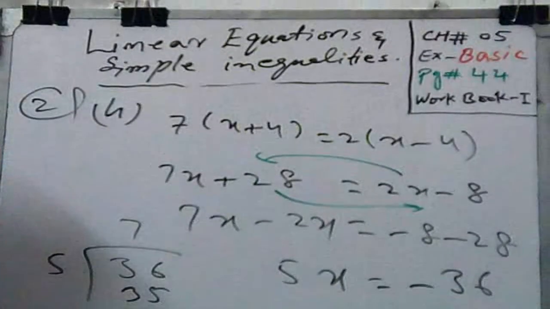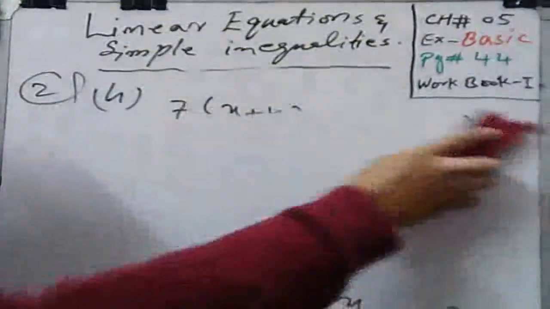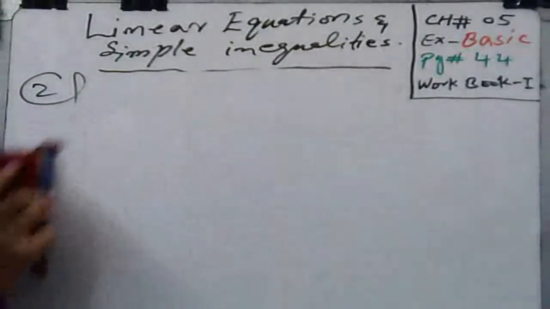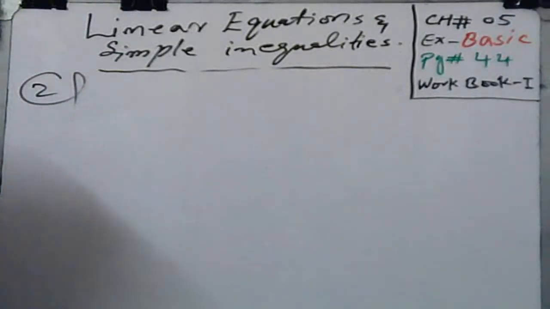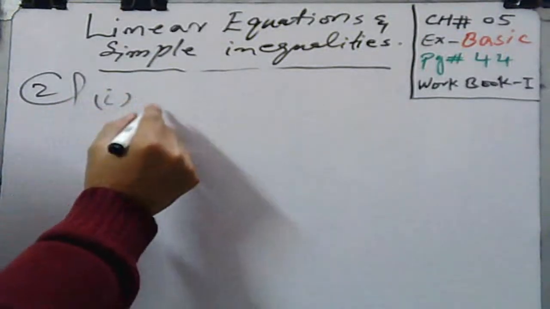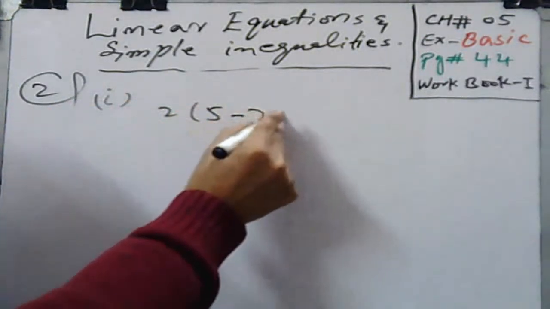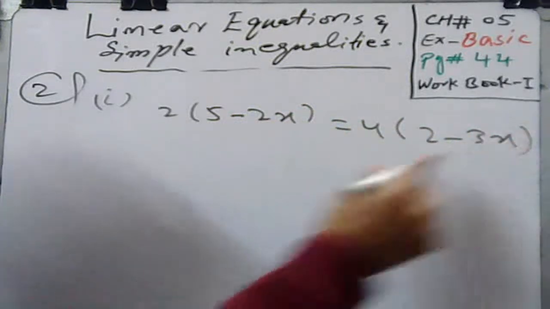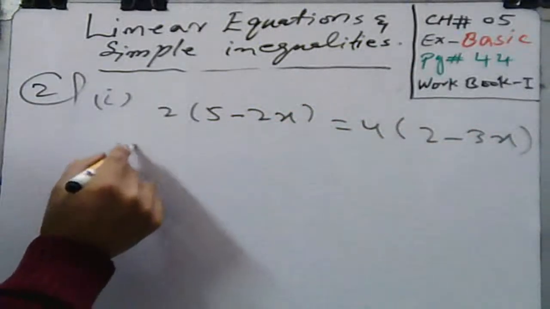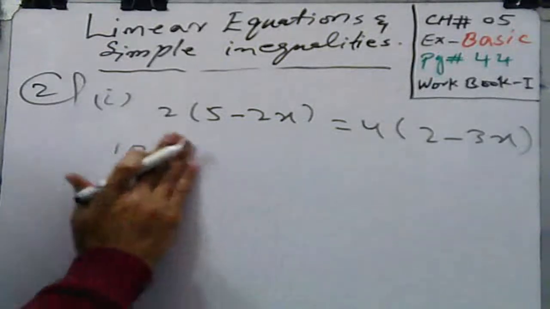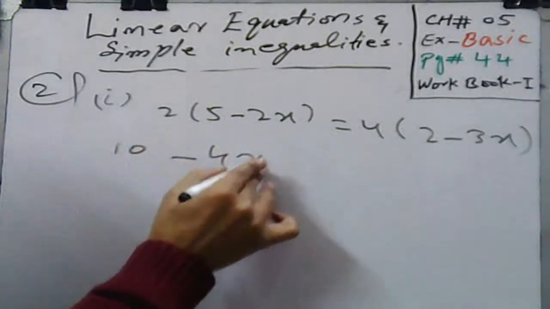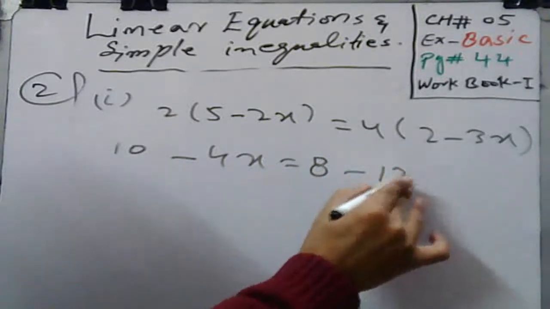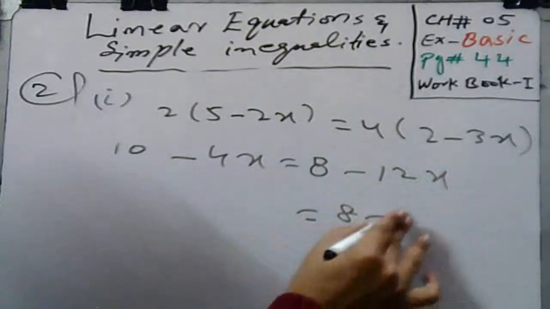Now in I part, 2 into 5 minus 2x equals 4 into 2 minus 3x. So multiplying, 5 2s are 10, minus 2 2s are 4x, 4 2s are 8, minus 4 3s are 12x, 8 minus 10.